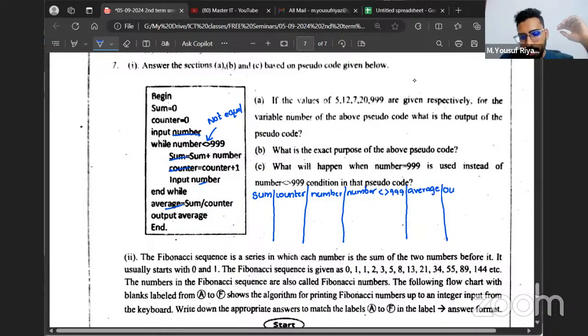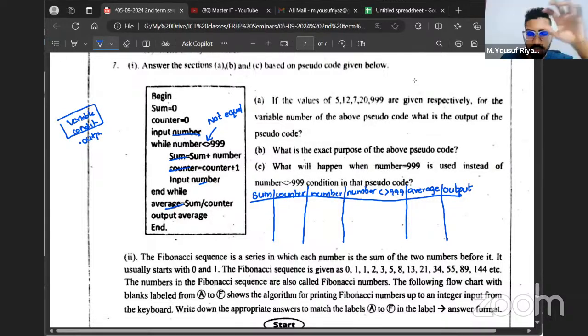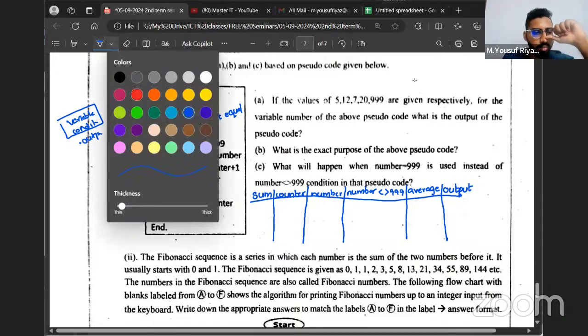So for the dry run, or trace table, you have one column for each variable, one column for each condition, and for the output, you can have one common column. So for sum, counter, number, average, I'm having one column each. Let's start doing this program.